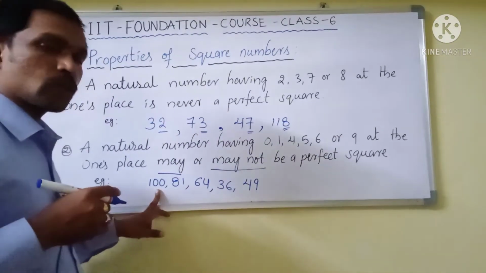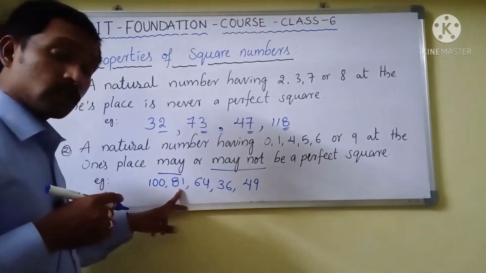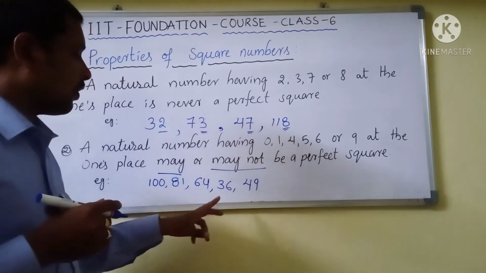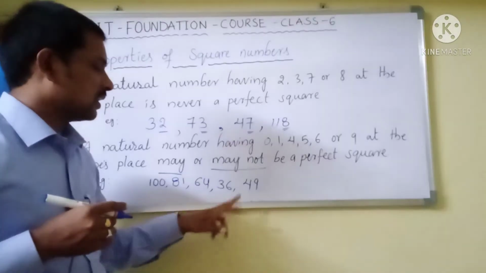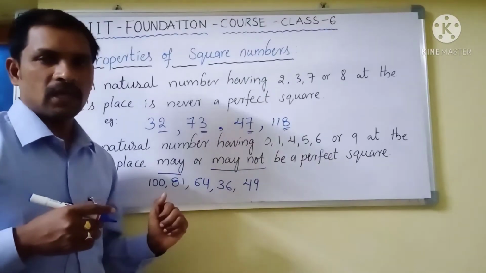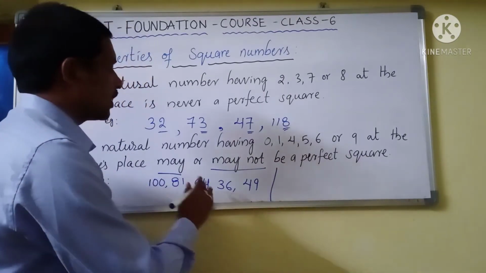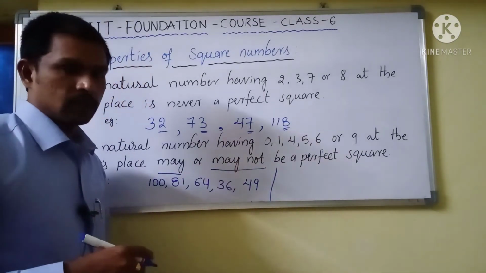Here, 10 squared is 100, 9 squared is 81, 8 squared is 64, 6 squared is 36, 7 squared is 49. These are examples of perfect squares.